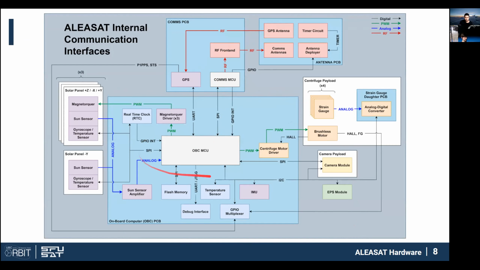There's a microcontroller in the middle, and then we've got an assortment of different components on the board that are connected to the microcontroller: the real-time clock, the flash memory, temperature sensors, GPIO multiplexer. So there are lots of different components attached to various different pins on the microcontroller. This is at a block level, and if you actually need to look at exactly which pins are connected, you'll go look at the schematic.